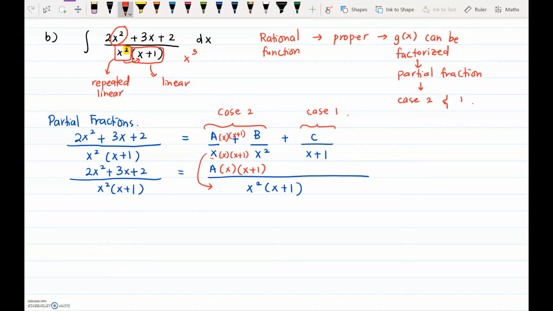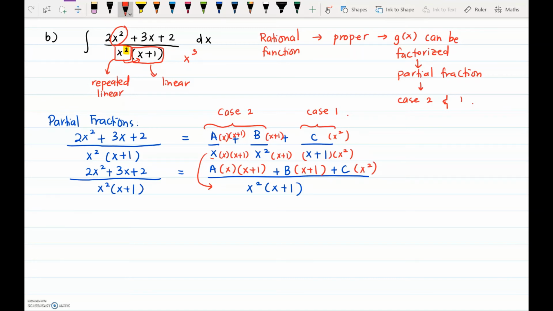For B, you have to multiply only with (x plus 1) because you already have the x squared there. So we have another (x plus 1) here, and for C it is, sorry, it will be x squared only; you just multiply with x squared. So for B it will be plus B times (x plus 1) only, and then plus C times x squared.